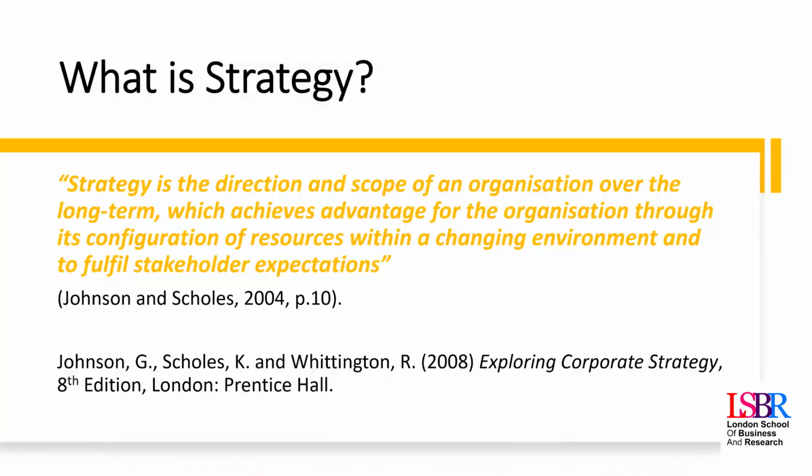Strategy is the direction and the scope of an organization over the long term, which achieves advantage for the organization through its configuration of resources within a changing environment in order to fulfill stakeholder expectations. So that's quite a loaded definition, okay?